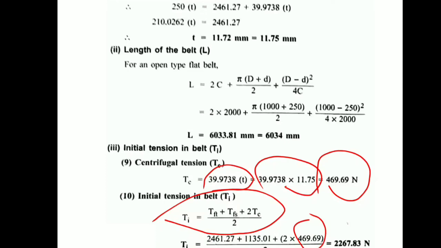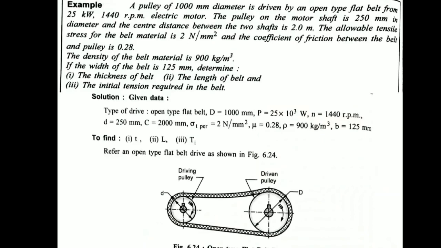By putting this I'll get the initial tension 2267 Newton, correct. Now here they have taken 11.72 and nearby the value 11.75. No need to take, you can make the calculation by using 11.72. Clear? By this way we can calculate the initial tension which was asked by the numerical.